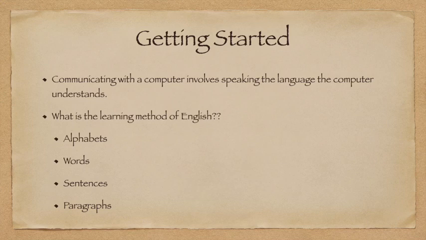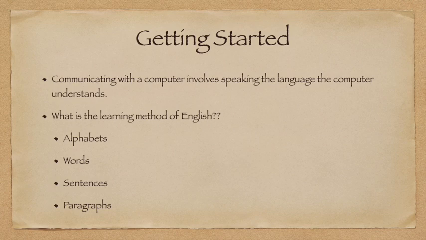Now, before going into learning a computer language like C or C++, let us first understand how we learned English. When we started learning English in our preliminary schools, how did we proceed? We first learned about the concept of alphabets. We learned ABCD.